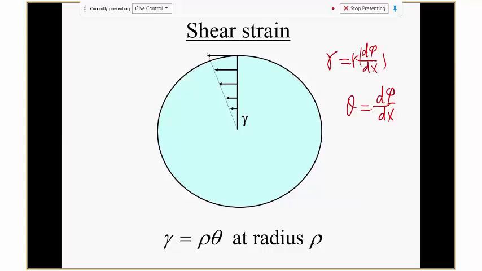So let's move on. We can find that. How can we link from strain to the moment? Now we found the strain. Moment is related to the forces, right? Force is related to stress. How is stress related to strain?